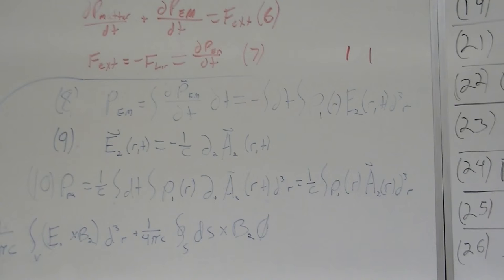There is no external force on the matter because the charge distribution produces no magnetic field. The time-dependent current produces a time-dependent vector potential, which is represented by equation 9. Equation 9 gives the electric field and time-dependent vector potential produced by the time-dependent current distribution.